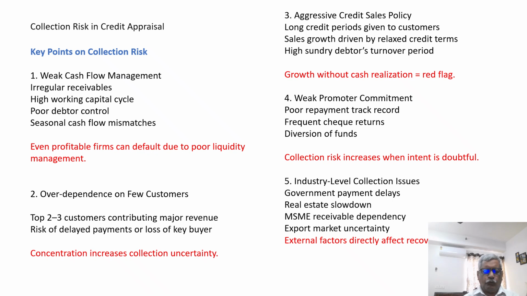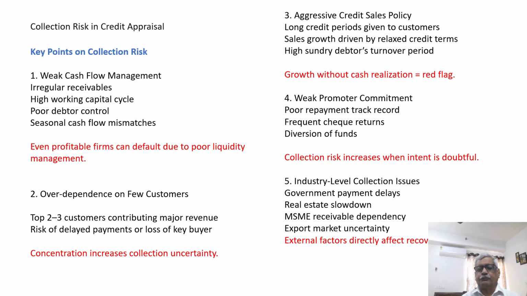Number 2, over dependence on few customers. Top 2-3 customers contributing major revenue. Risk of delayed payments or loss of the key buyer. Concentration increases collection uncertainty.